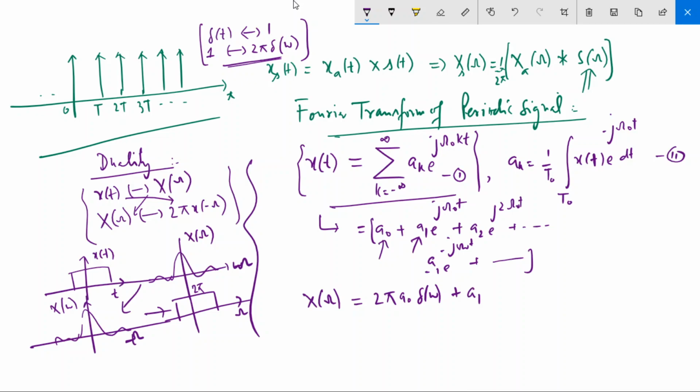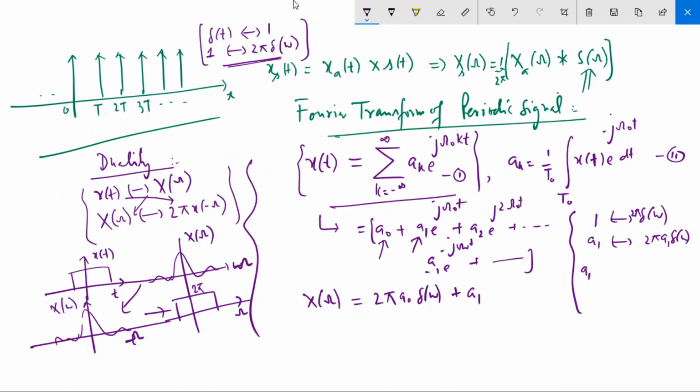What is the Fourier transform of e raised to power j omega naught t? Now you can use the frequency shifting property. Okay. Because the Fourier transform of 1 is, sorry, this is 2 pi delta(omega). The Fourier transform of a1 is 2 pi a1 delta(omega).